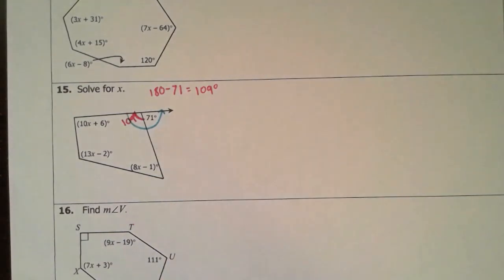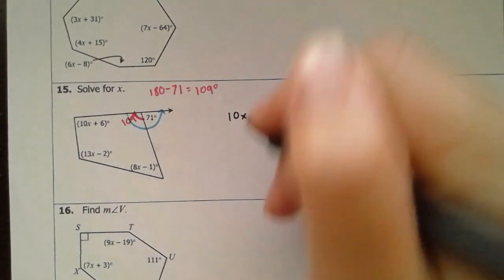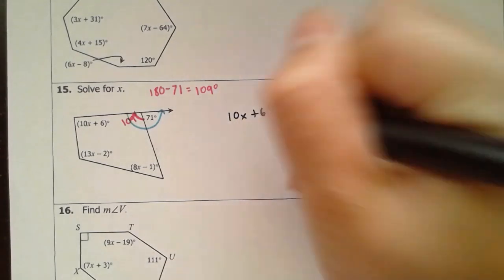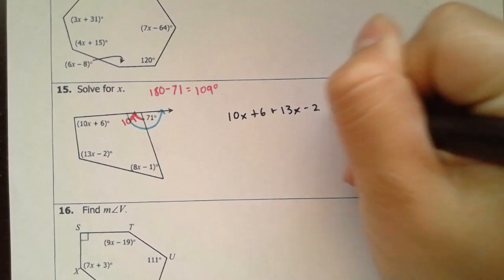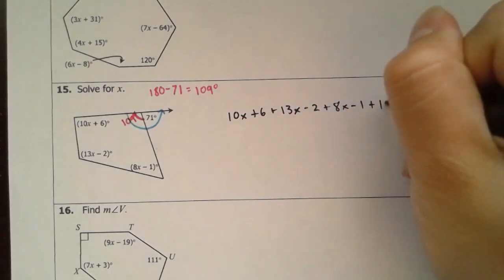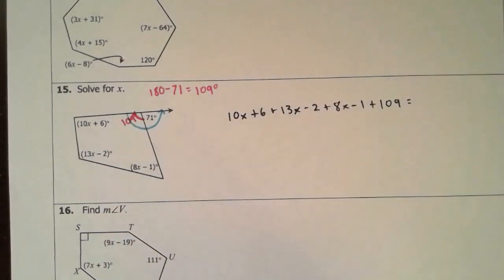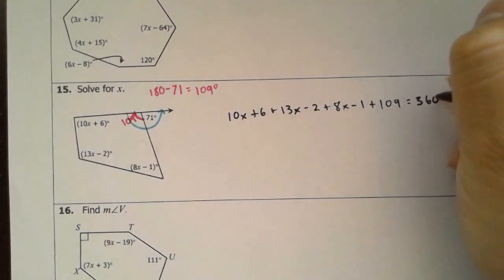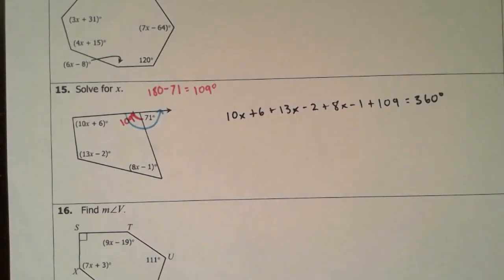We're going to go ahead and show every step here. So 10x plus 6 plus 13x minus 2 plus 8x minus 1 plus 109 is equal to the sum of the interior angles for a quadrilateral, which is 360 degrees.